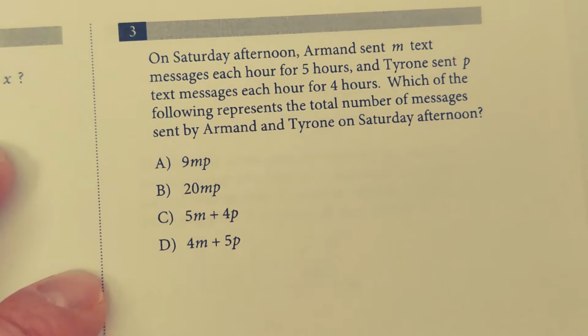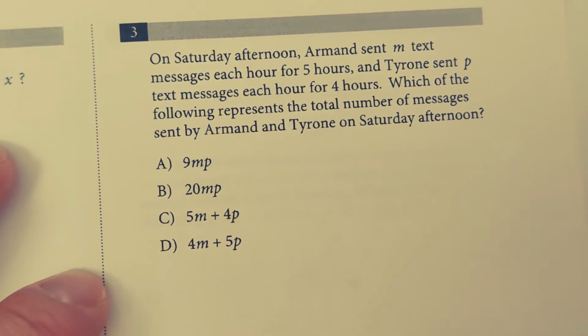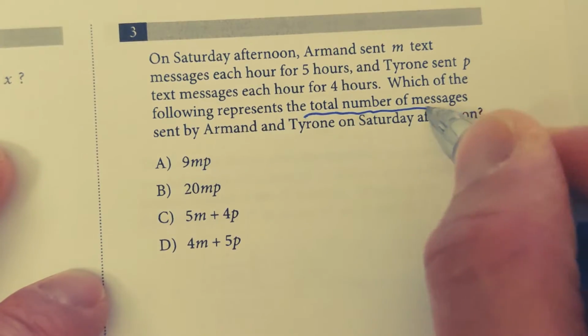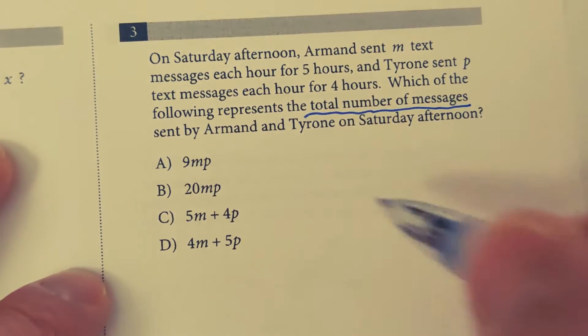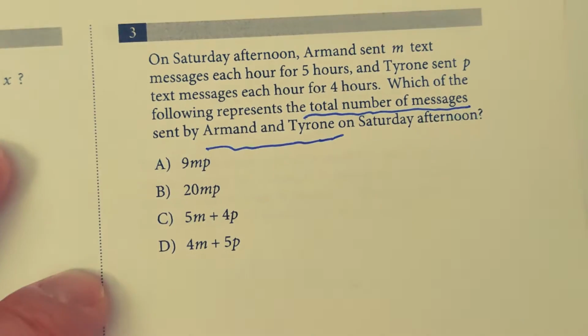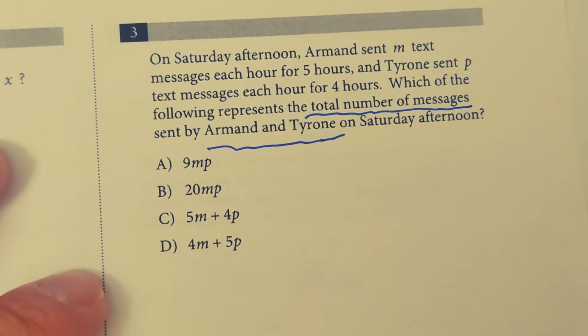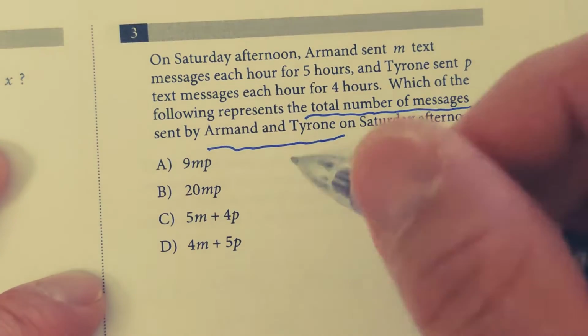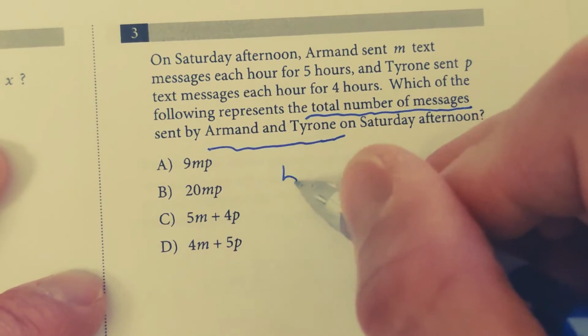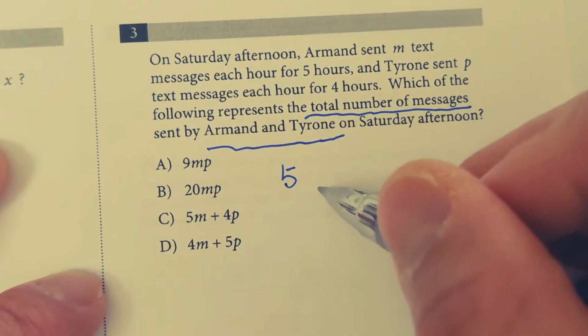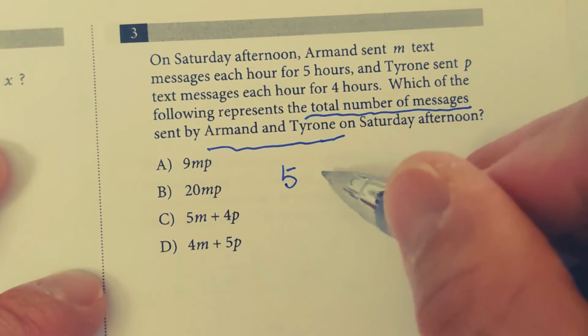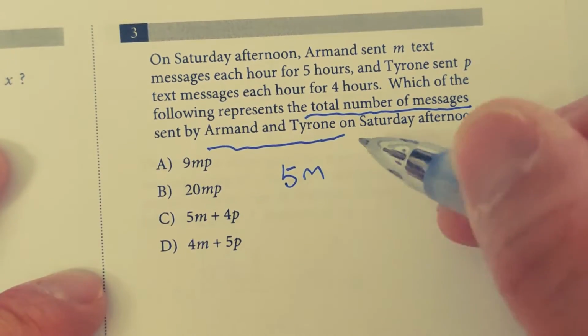Okay, so it is talking about the total number of messages sent by both Aman and Tyron. For Aman, he did 5 hours, so it's going to be 5 hours multiplied by the number of text messages that he did, which is M, so it's going to be 5M.